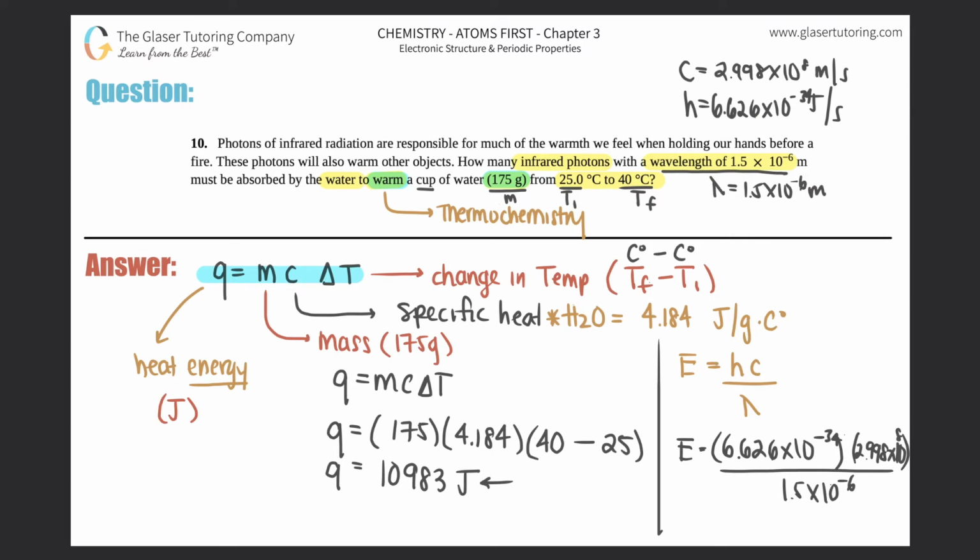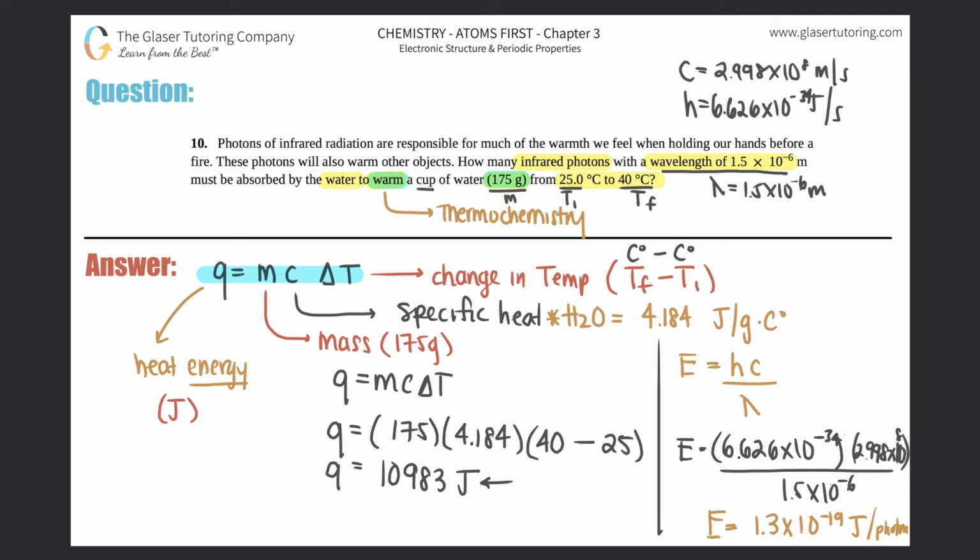So let's do that. 6.626 times 10 to the negative 34th times 2.998 times 10 to the 8th, divided by 1.5 times 10 to the negative 6th, is, we'll say, energy equals 1.3 times 10 to the negative 19th joules.